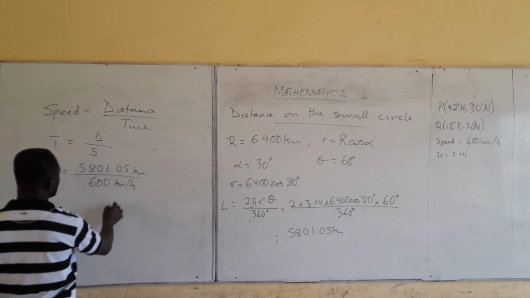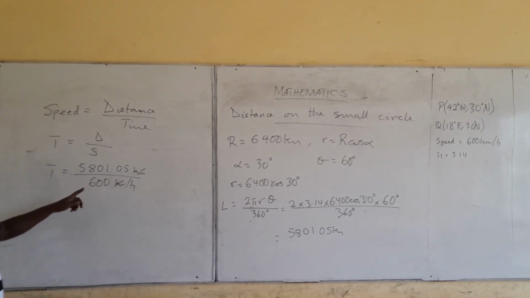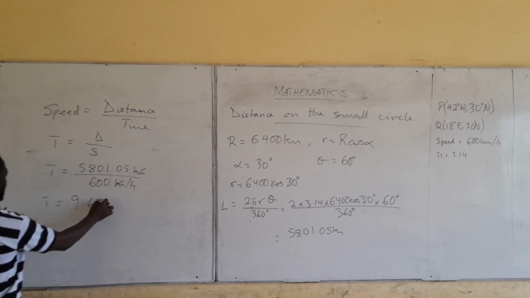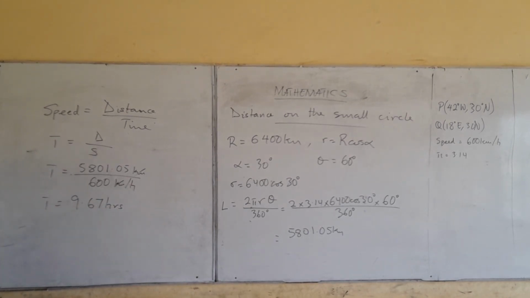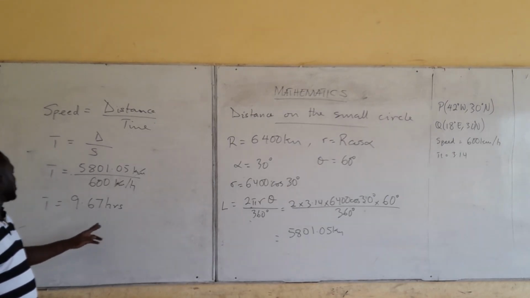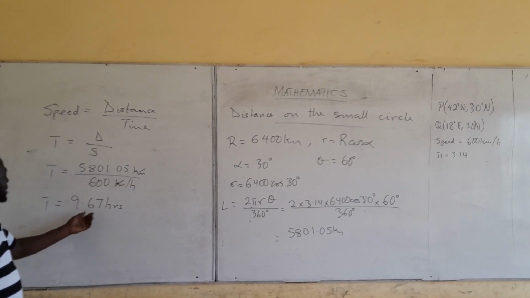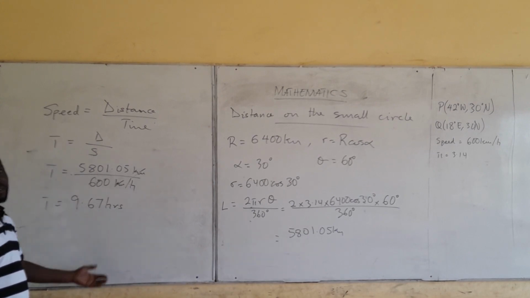So the kilometers cancel out. Dividing on the calculator gives us t equals 9.67 hours. So the time it will take the pilot will be 9 hours, and then we may try to look at the 0.67 in minutes. That is our second part, later we'll talk about it. So that is that.